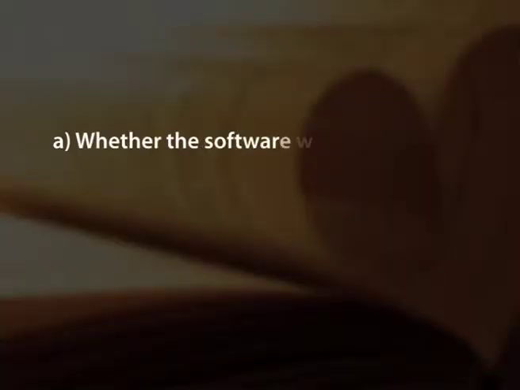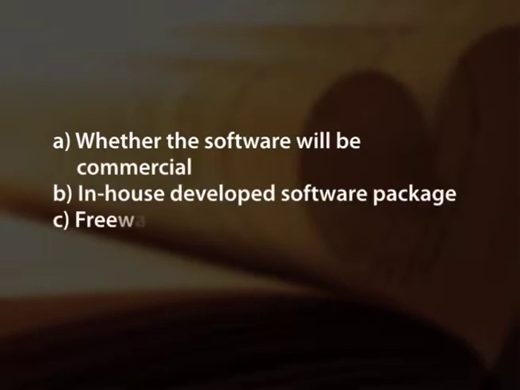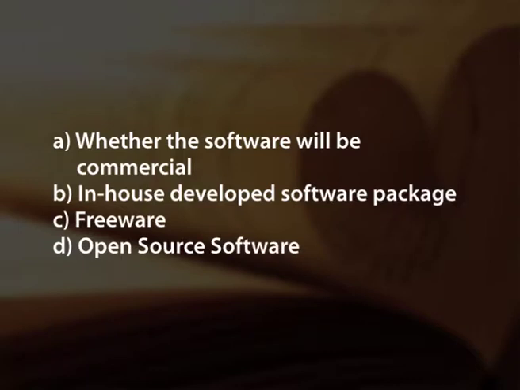The process of evaluation should be based on some predefined criteria. Like any evaluative process, library management software evaluation is also quite a difficult task. It mainly involves 4 basic aspects, that is, whether the software will be commercial, in-house developed software package, freeware, or open source software.